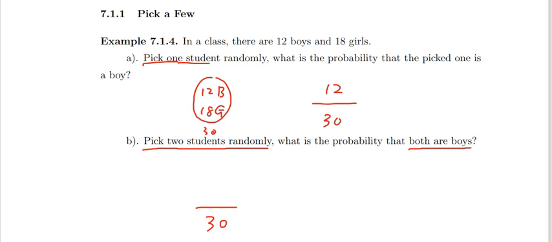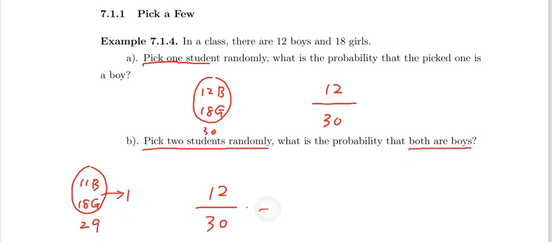Okay. So now we already picked one boy. So by now we have only 29 kids left, right? So among 29, so 11 boy and 18 girls. Okay.